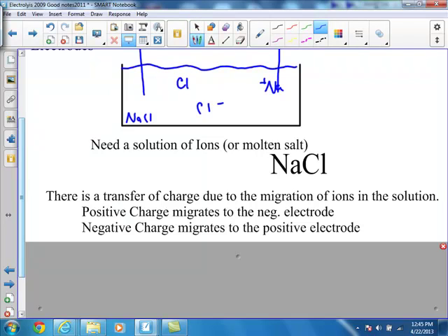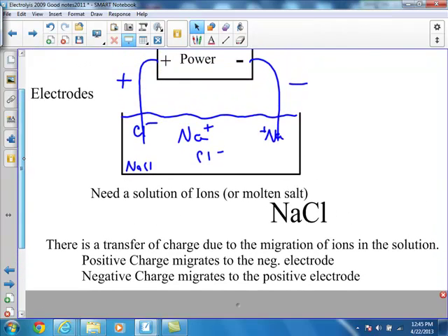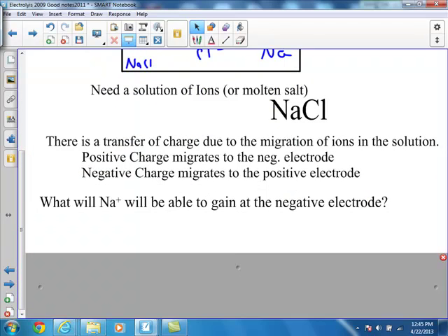I'm going to put Cl- over here. Cl- is going to migrate over here, and all the Na+ are going to migrate over here. I already answered this question, but what will sodium be able to gain at the negative electrode? Electrons.